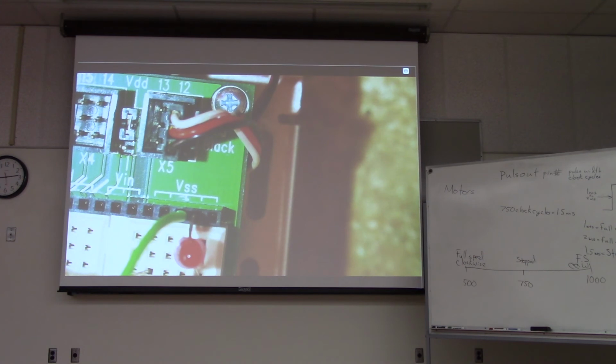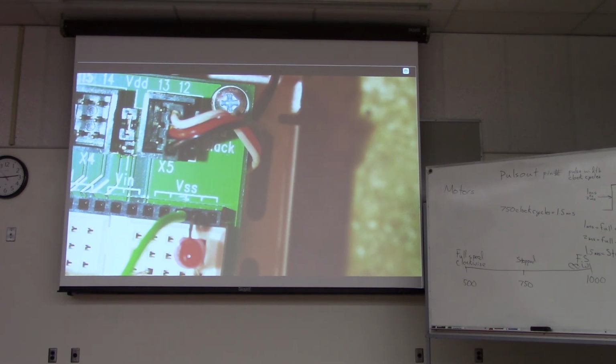Yeah? Do you explain what ground is? That's a good question. So ground is a name that we give to a certain part of our circuit. And when we're measuring voltage, we measure it relative to that point.